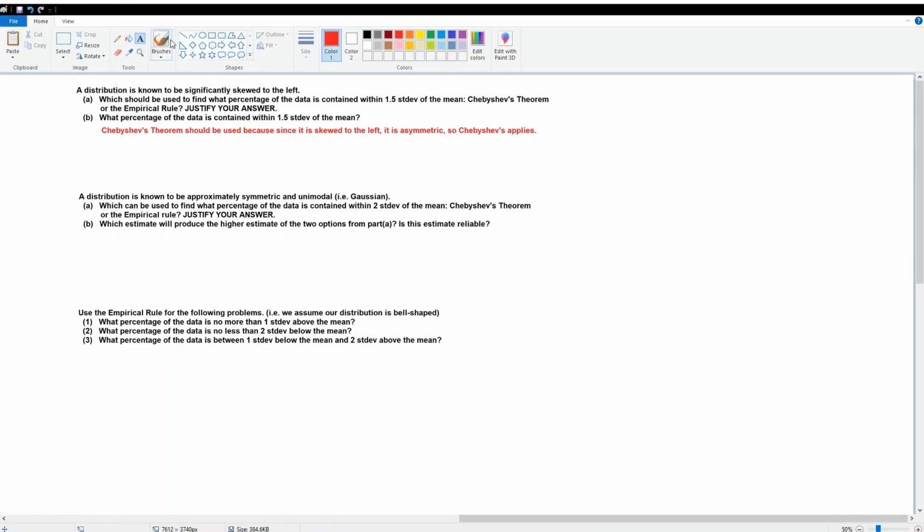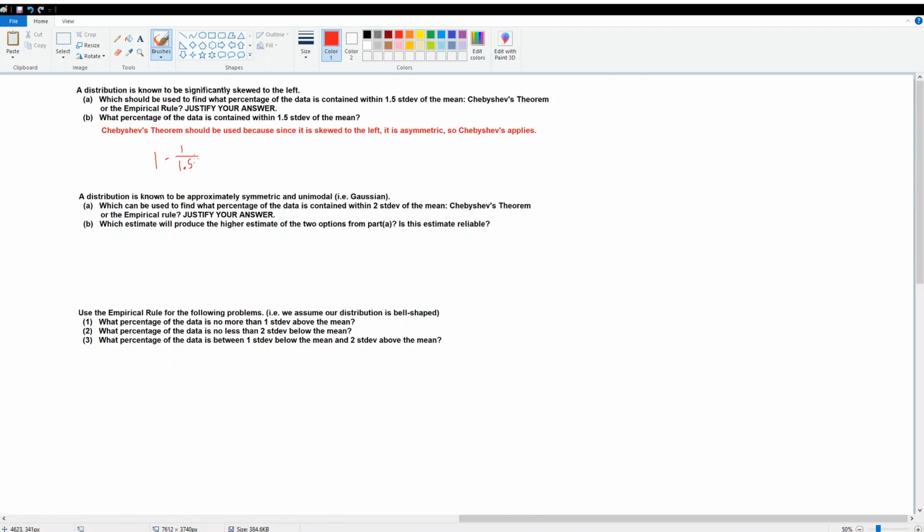Now, to actually get it, it is given by 1 minus 1 over our z-score squared. You might say, what's the z-score? I don't see a z-score. Well, we're told it's within 1.5 standard deviations of the mean. The z-score tells you the number of standard deviations away from the mean, so our z-score is 1.5.